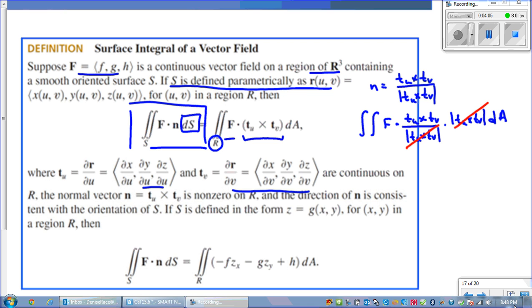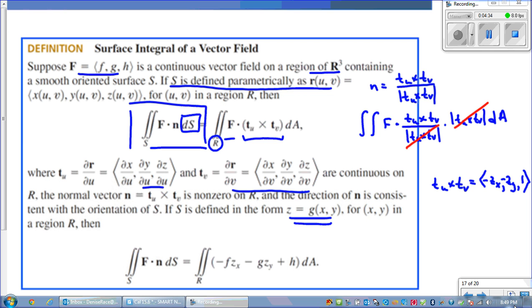Now, if the surface is given explicitly, remember the normal vector when we did T_x cross T_y using an explicit definition: our normal vector came out to be minus the partial of z with respect to x, minus the partial of z with respect to y, comma 1.